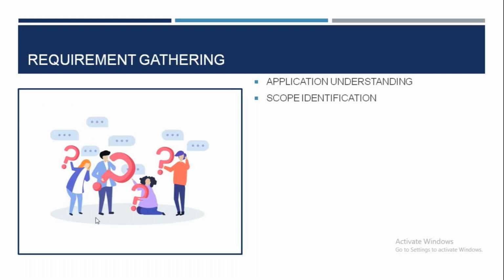Then guys, another important part, or the most important part, of this requirement gathering phase is that you identify your scope. For your performance testing, what is going to be the scope? Scope means you have the application, right?